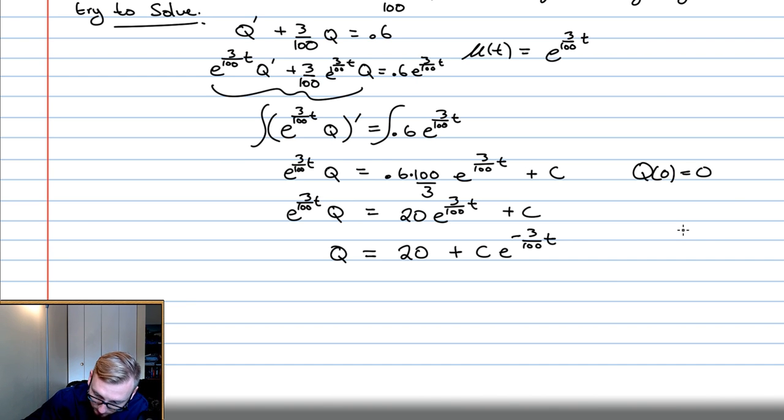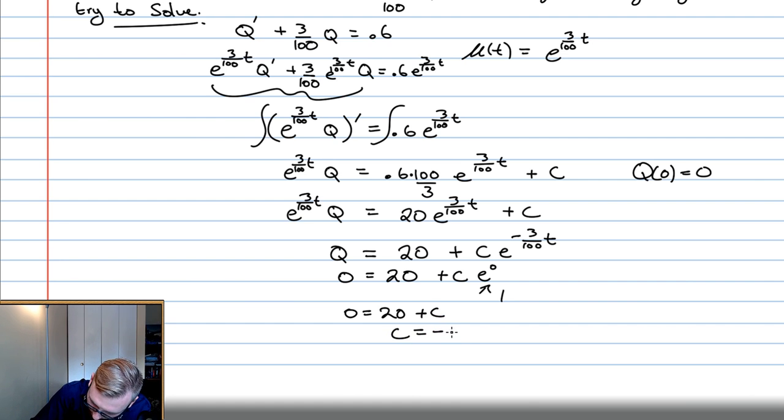Which means we got 0 equals 20 plus c. t is 0, so e to the 0 gives us 1. We've got 0 equals 20 plus c. c equals negative 20. Okay. Now we'll finish our equation. What does it look like?